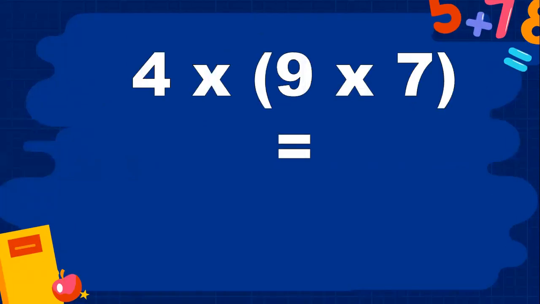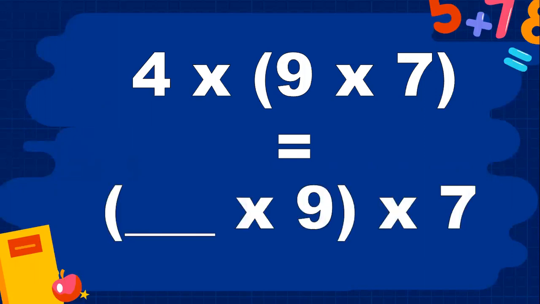How about this one, associative property? 4 times 9 times 7 is equal to blank times 7 times 9 times 7. What is the missing number? The missing number is 4. So as you can see, the group changed, but the product remained the same.